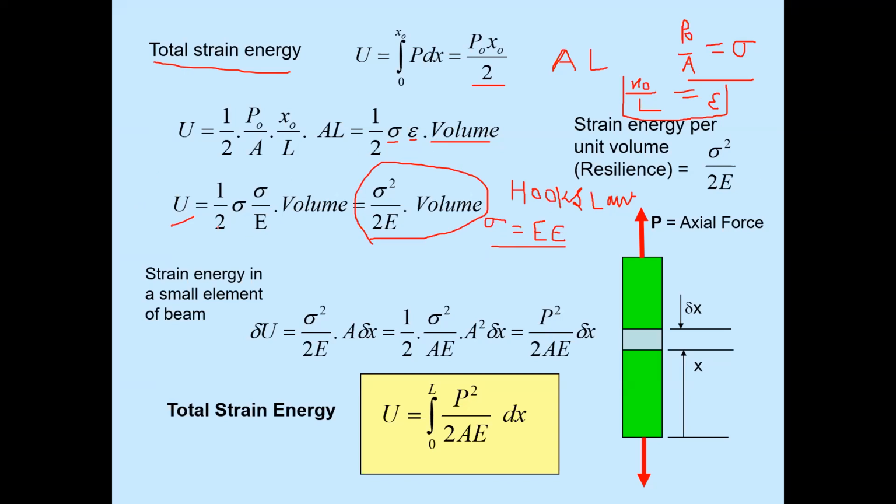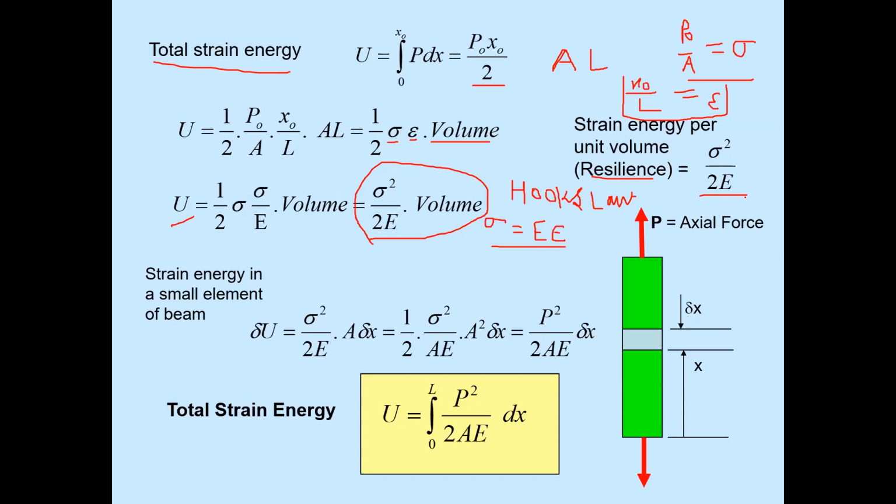If this is the strain energy, and we divide it by volume, the volume comes to the left-hand side. So strain energy per unit volume is equal to sigma square upon 2E. This is called resilience. The strain energy stored in any member per unit volume is known as resilience, and that is equal to sigma square upon 2E.